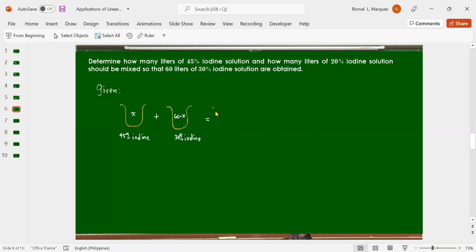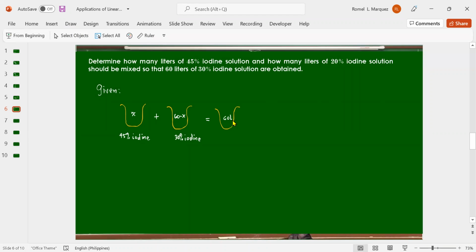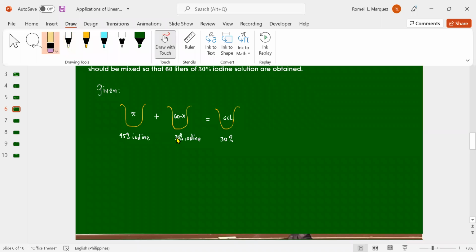Okay, children? Get it, guys? So this is 60 liters. This is supposed to be 30%. I want it to be 30%. This one is 20, no? That's the other one. 20.